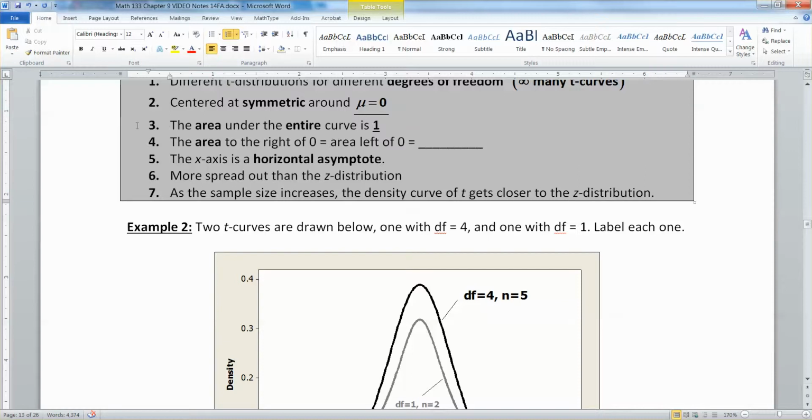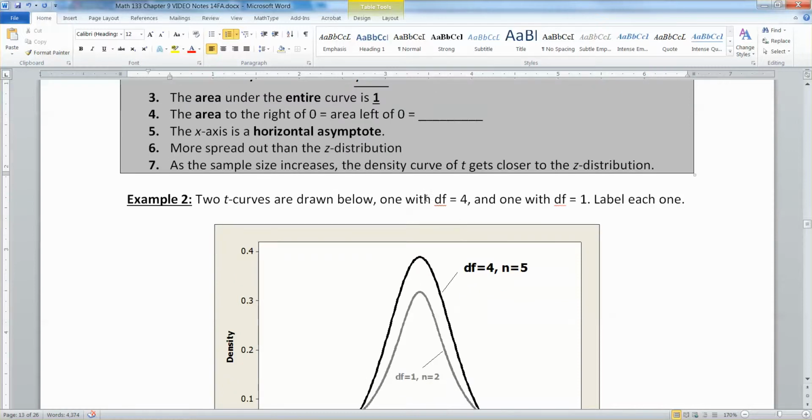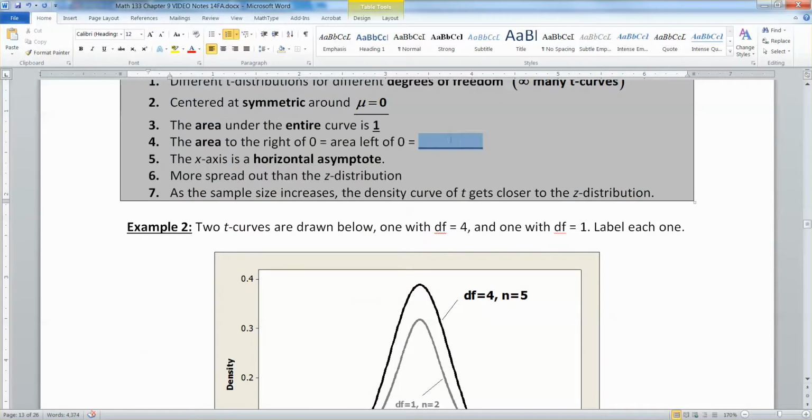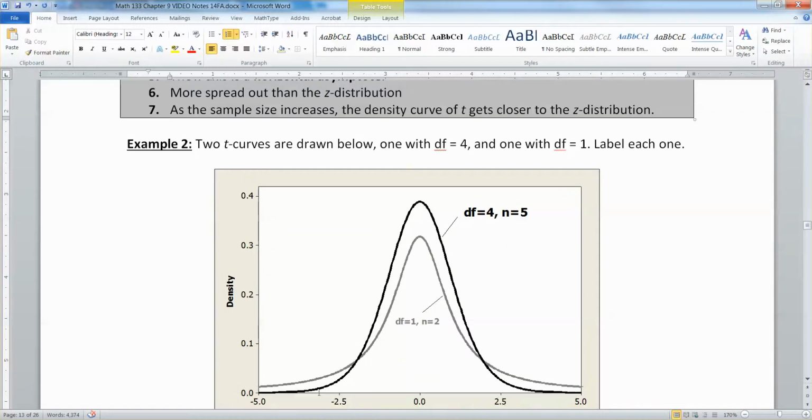Now, if the area under the entire curve is 1, and the center is at 0, that means the area to the left of 0 must be the same as the area to the right of 0, which is equal to 0.5, or half. And the x-axis is a horizontal asymptote in both directions, to the left and to the right, as you can see from these t-curves.